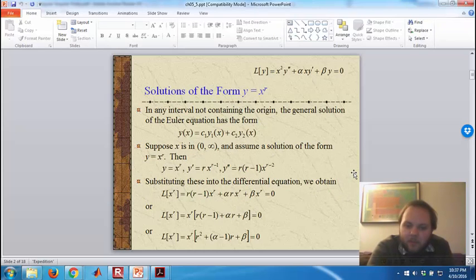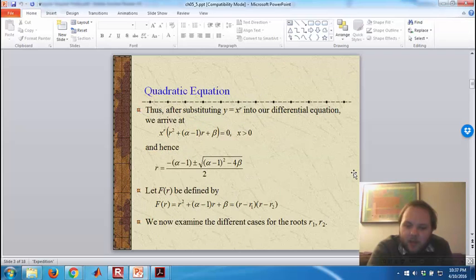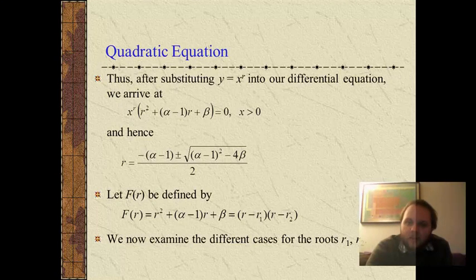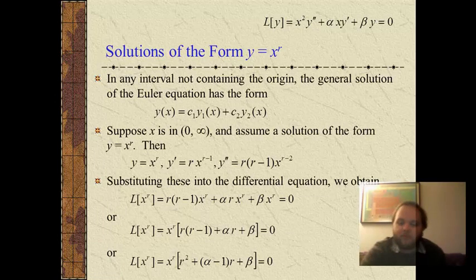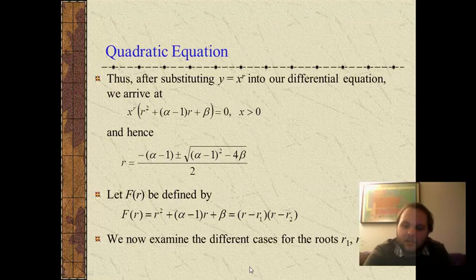And I talked about this characteristic equation before. We can solve this by moving our form from below right here to this form here. So notice the alpha minus 1. This is just a quadratic, so this is the general form for your r's using the quadratic formula.